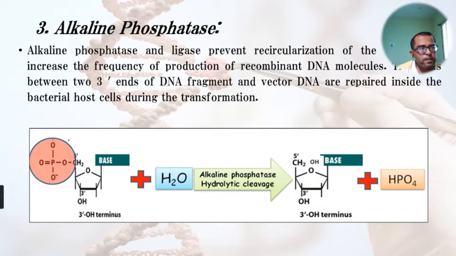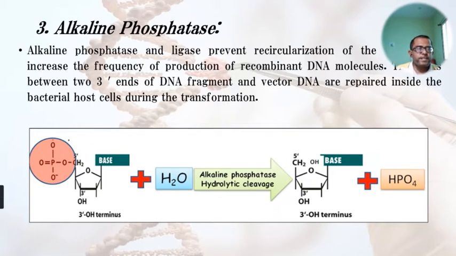But treating the plasmid fragments with this alkaline phosphatase enzyme makes sure that the recombinant DNA molecule will be produced. Because of the treatment with alkaline phosphatase, it removes the phosphate group, so no phosphate group is available on the plasmid fragments to rejoin with the original plasmid fragments once again. But the phosphate group is available with the DNA source of our interest.